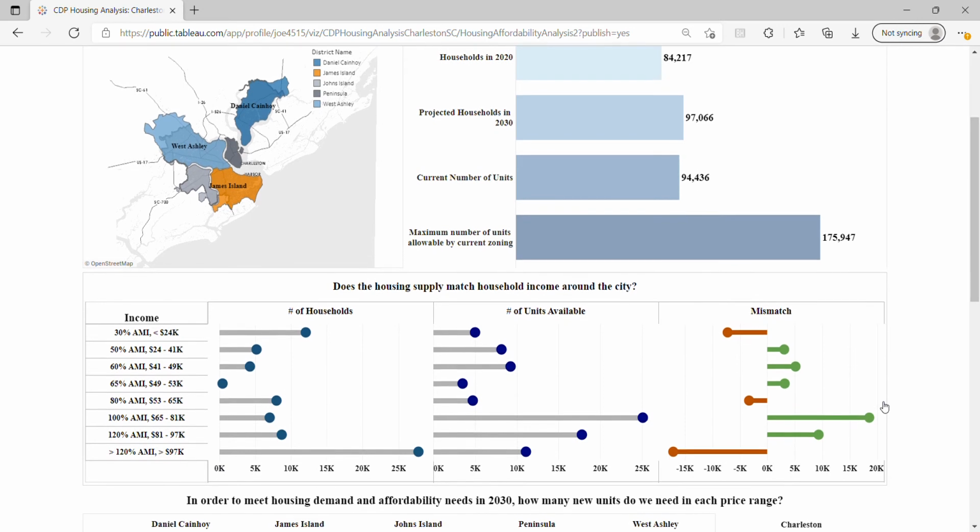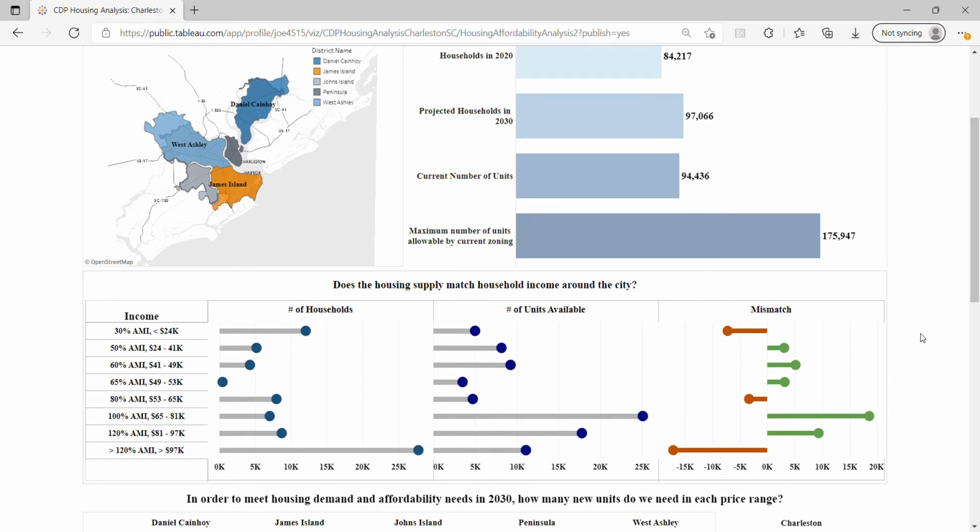Moving down to the second graph, we look at a supply and demand analysis of all of the units within the city. What CDP's data science team did was break every household and the number of units available to those households down by an income range. So we use the area median income, AMI, income ranges, looking at 30, 50, 60, 65, 80, 100, 120, and above 120% AMI.